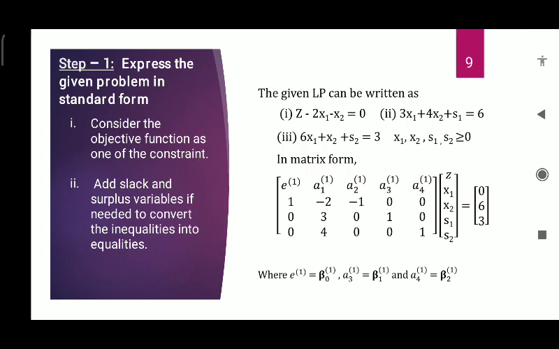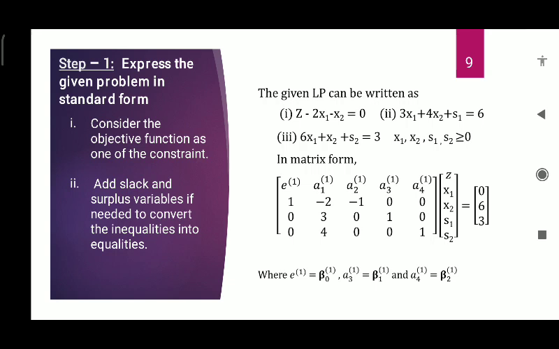Now we shall represent this system of linear equations in matrix form: 1 -2 -1 0 0; 0 3 4 1 0; 0 6 1 0 1, where the first column represents the coefficient of z, the second column represents the coefficient of x1, the third column the coefficient of x2, the fourth column the coefficient of s1, and the last column the coefficient of s2.